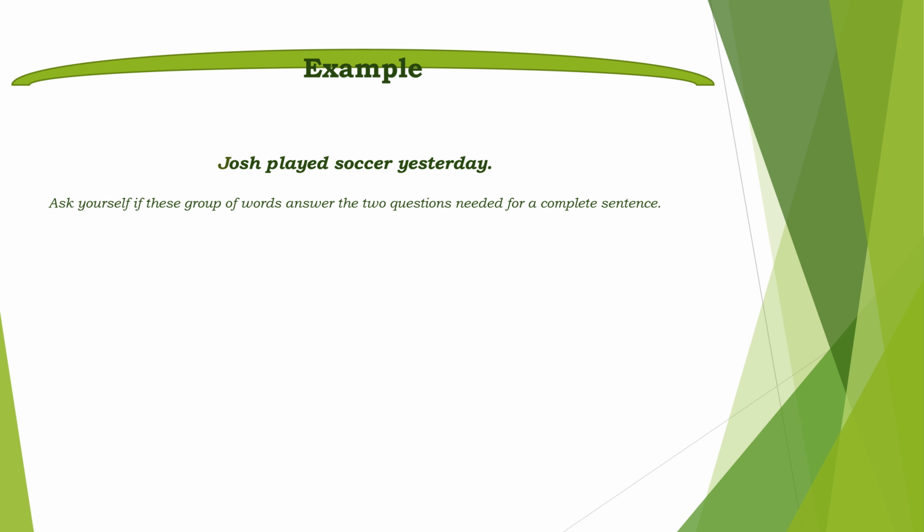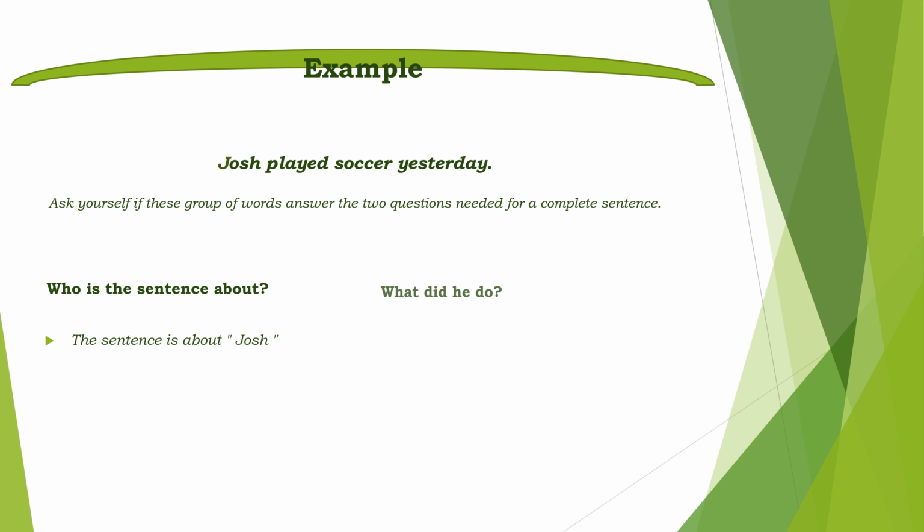Ask yourself if these group of words answer the two questions needed for a complete sentence. The first question is, who is the sentence about? The answer to this question is, the sentence is about Josh. So Josh is a subject of this sentence.